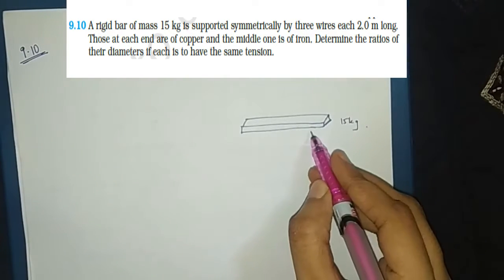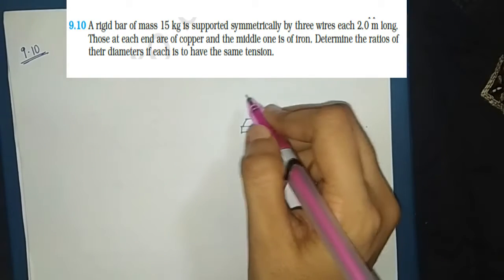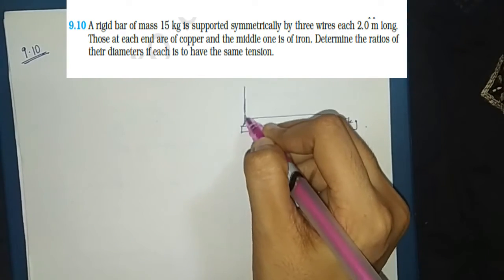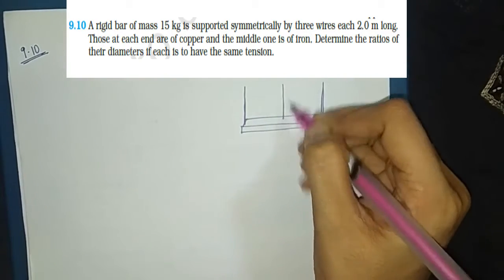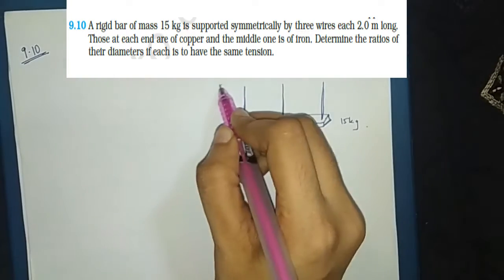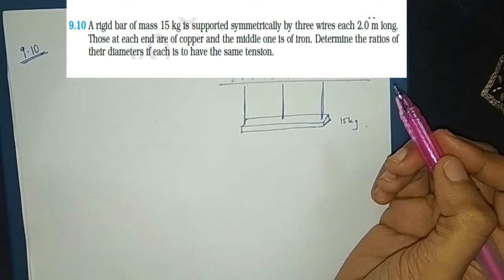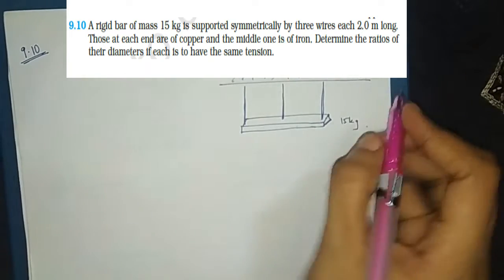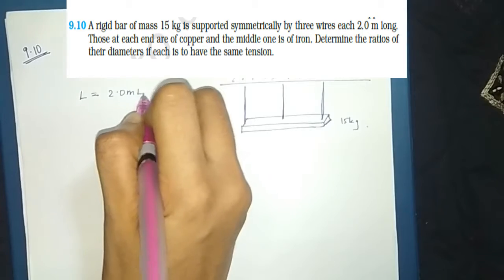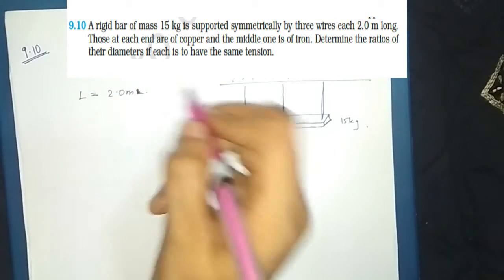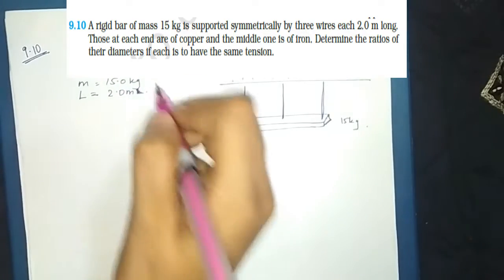So this rod or bar is supported by 3 wires. Symmetrically means one at the corners and one at the middle. So this is supported by 3 wires which are symmetrical and each has a length of 2 meter, and the mass supported is 15 kg.